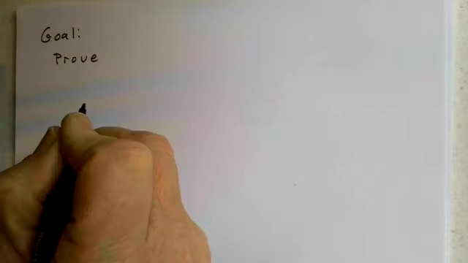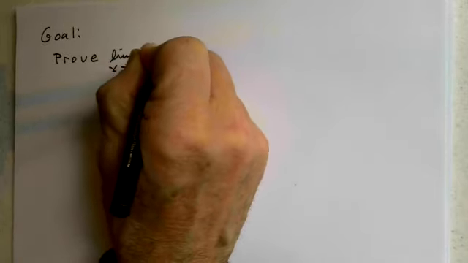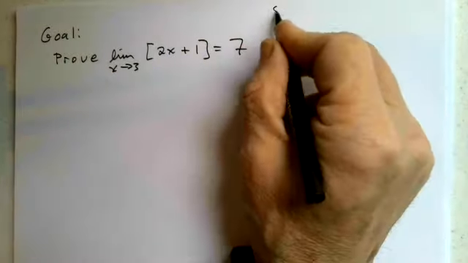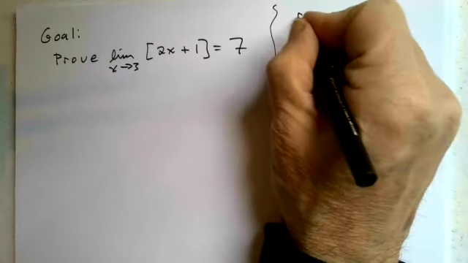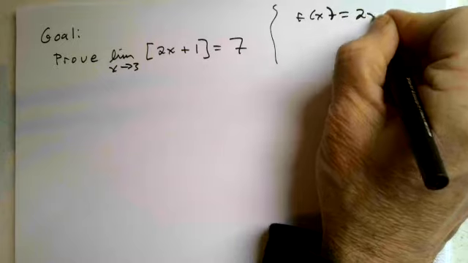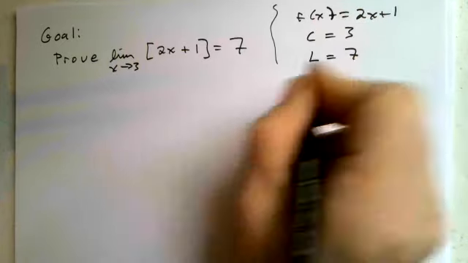Our goal is to prove the following: the limit as x approaches 3 of 2x plus 1 equals 7. So just so we're clear on our notation here, our function f of x is 2x plus 1, C that we're approaching is 3, and L is 7.